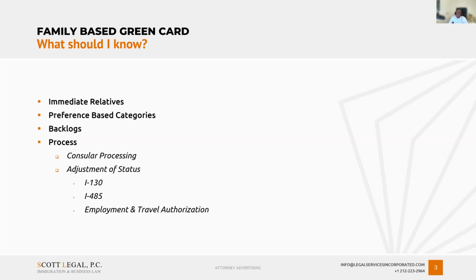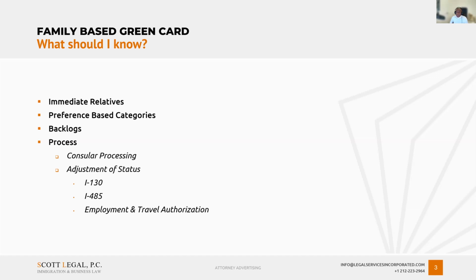Once those have been used up, people go on almost a wait list. So if a US citizen wants to sponsor their sibling, they certainly can. However, the wait is going to be around 15 years or so before the green card category is actually current. Every single preference-based category right now is delayed.